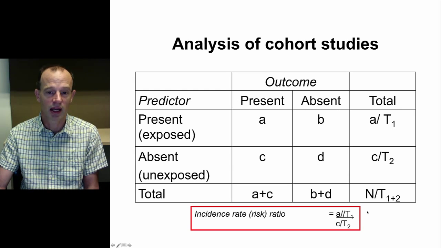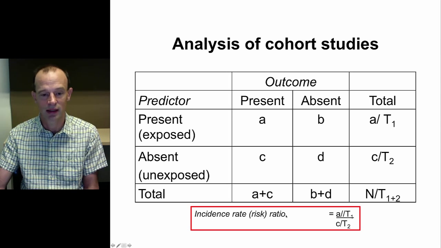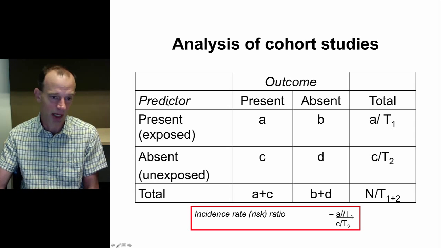So when you're analyzing cohort studies, the main outcome that you're usually measuring is incident rate, and you usually try and get an incident rate ratio to compare between those people who have the exposure or the explanatory variable of interest or the predictor variable, and those people that don't.